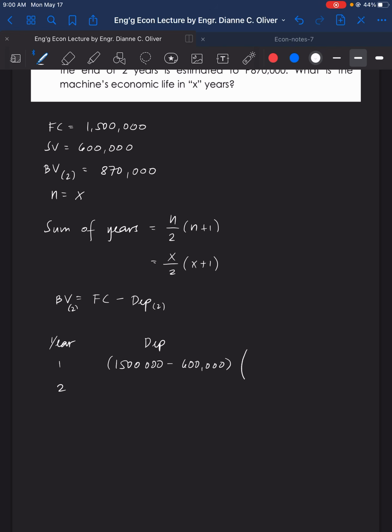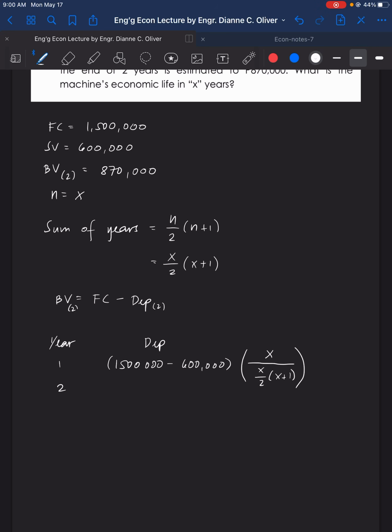We have the total number of years divided by the sum of years, and that is x over x over 2, x plus 1.